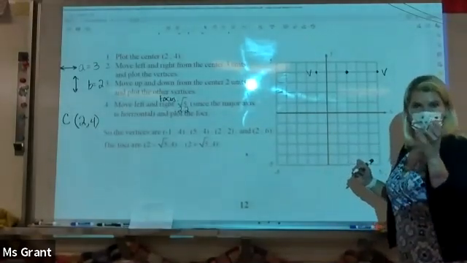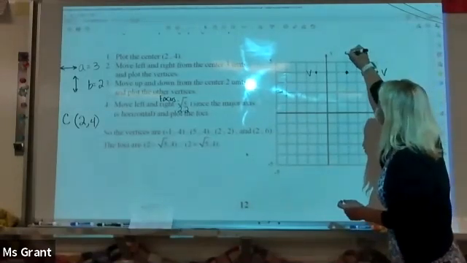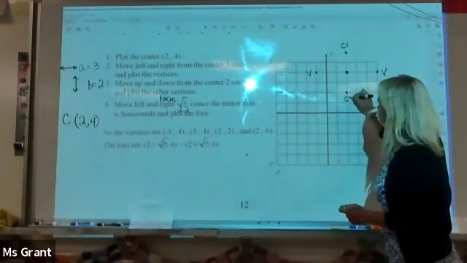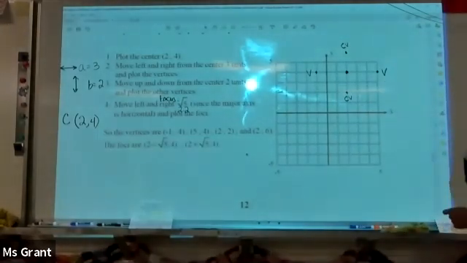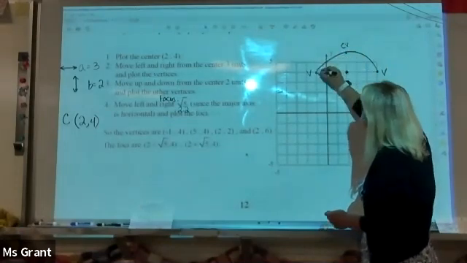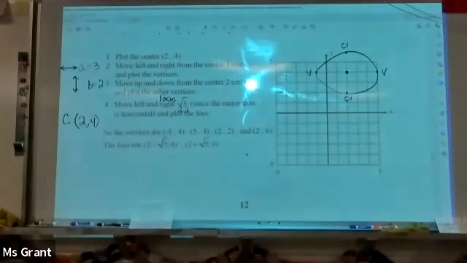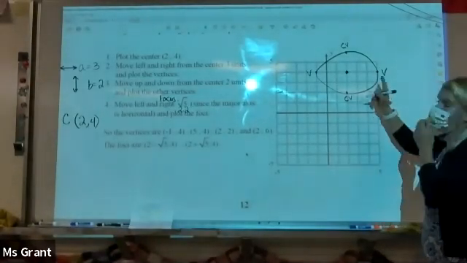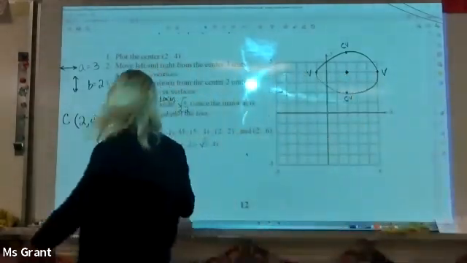Co-vertex, the B, the shorter. In this case, it's shorter. So 2 up, a little bit off the graph, 2 down. Co-vertex, co-vertex. So you'll make your beautiful shape as elliptical and smooth as possible, right? Now, I can write down the ordered pairs for my co-vertex and vertex. I'm going to do that.